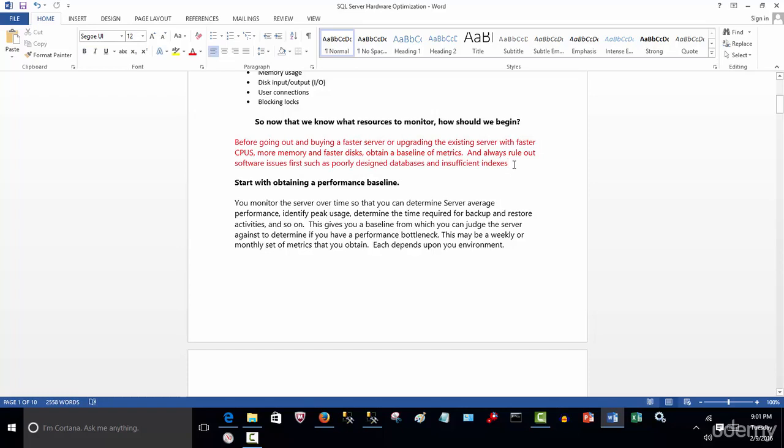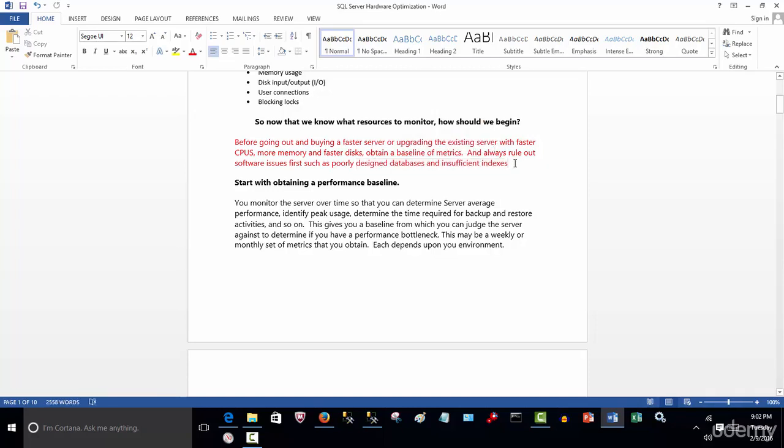I have unfortunately experienced working for a company where if they had any performance issues, they went out and bought a faster server, which cost thousands upon thousands of dollars, without understanding that maybe it wasn't the hardware that was causing the issues, but poorly designed databases and insufficient indexing. And these are the two areas that you can certainly rule out first before purchasing this.